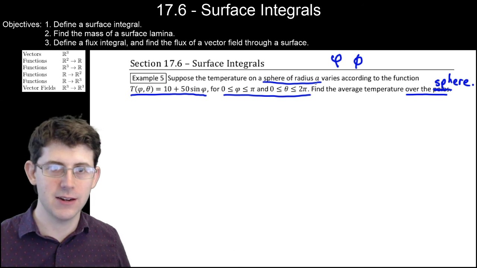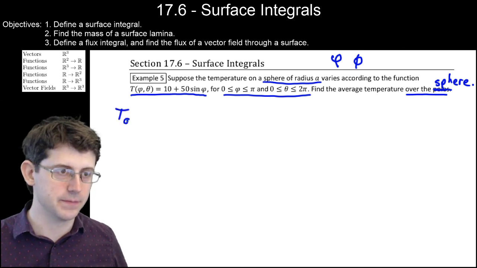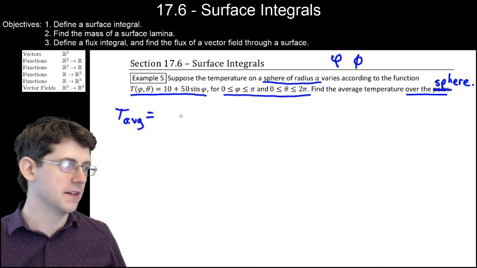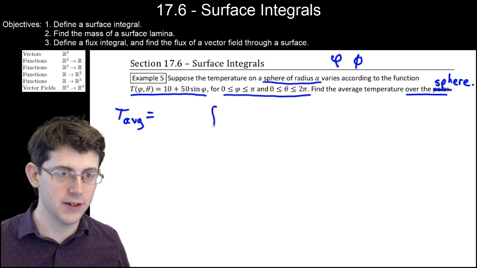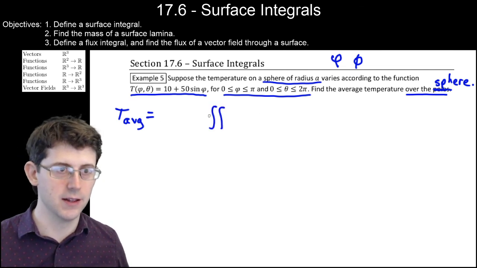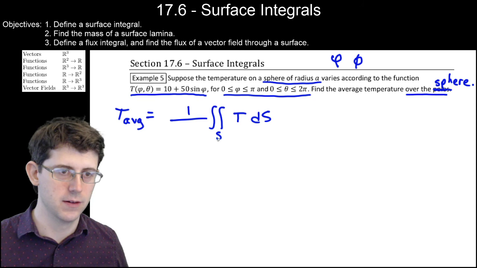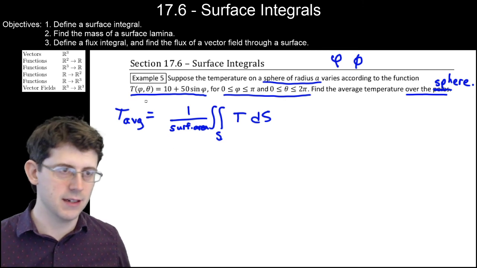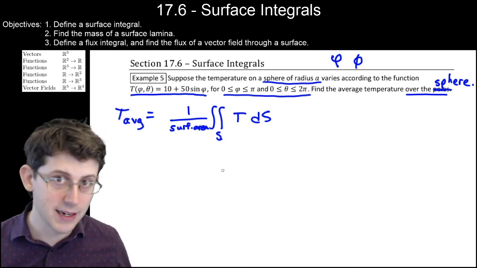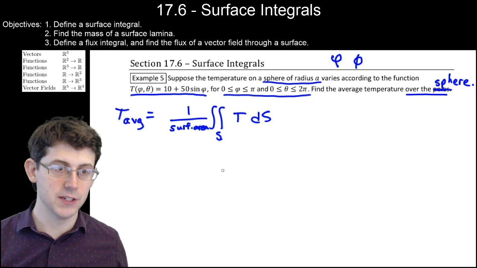Well, how do you find the average of anything? To find the average, you integrate all the little pieces of it along the entire surface and divide by how much of the surface you have. This average formula was the same kind of formula when we had the average over an interval.